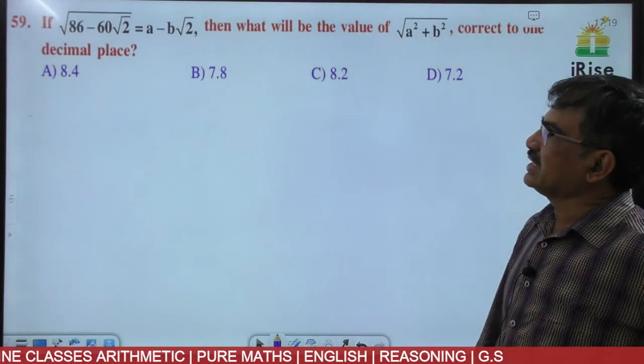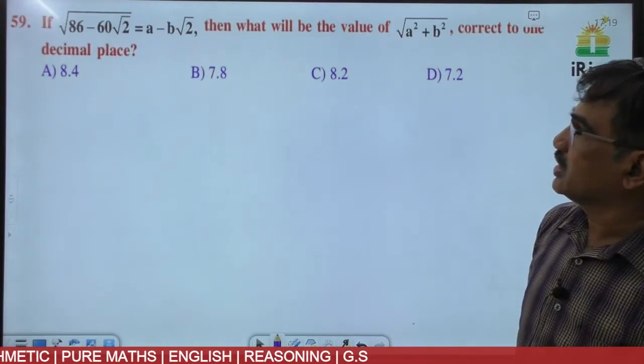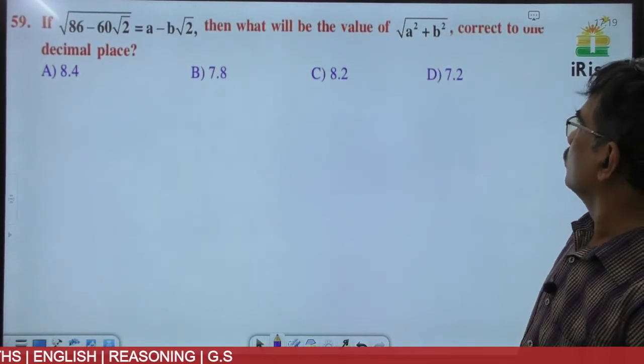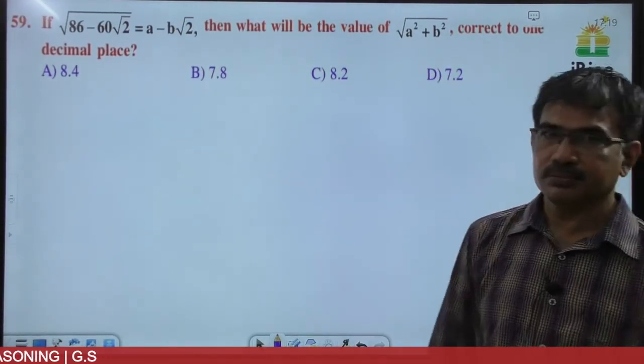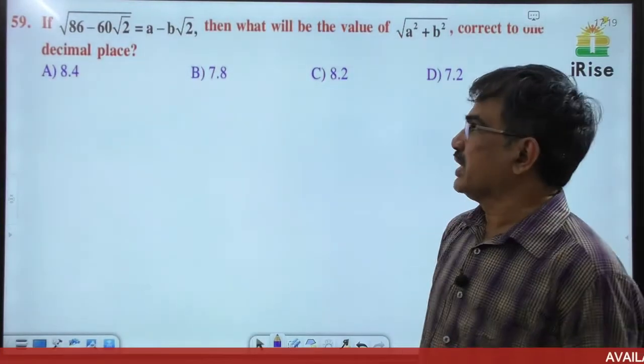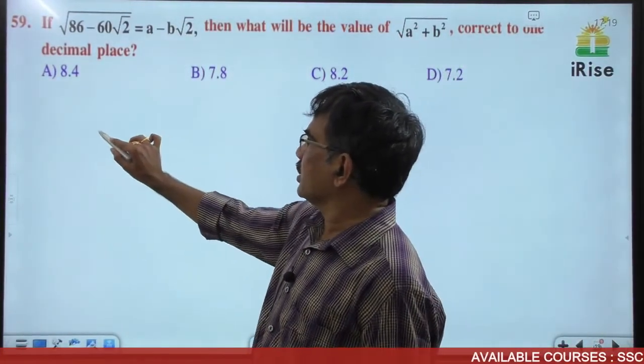If root of 86 minus 60 root 2 is a minus b root 2, what is a square plus b square? Big numbers are given, so care should be taken.